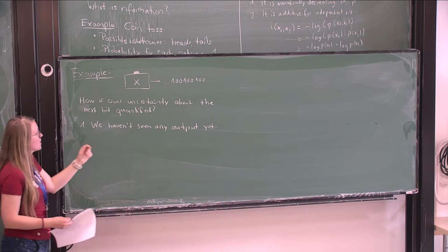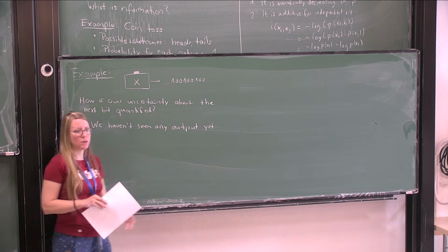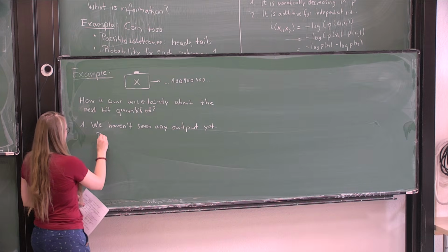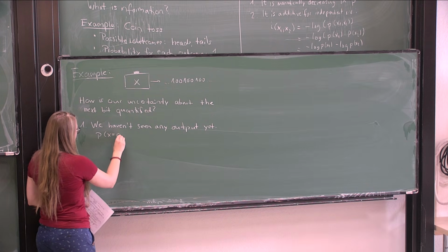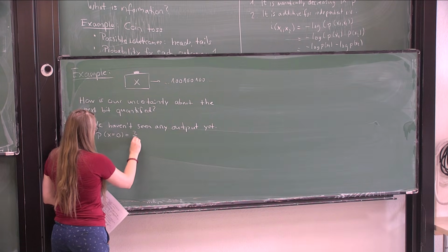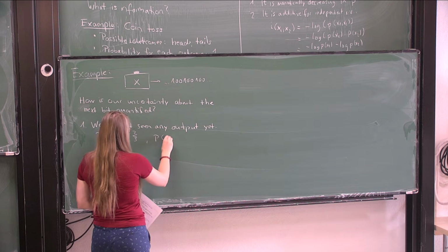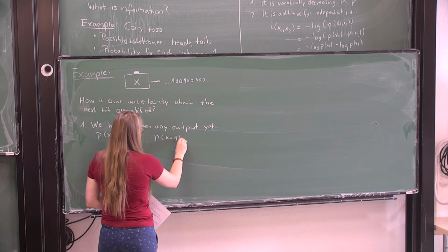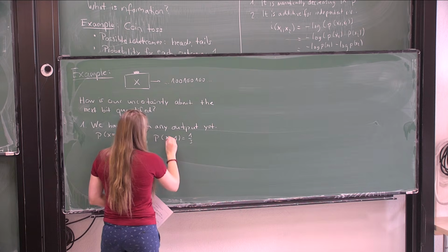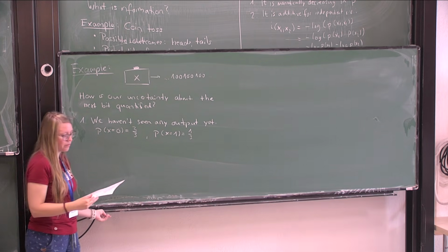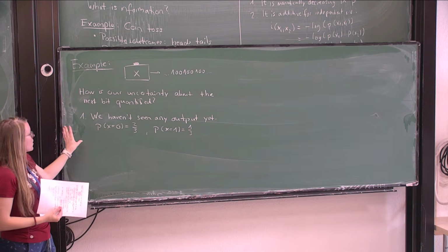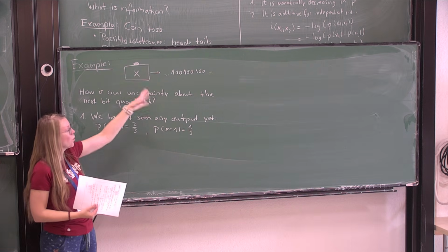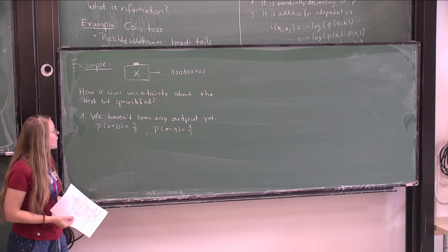So if I press a button, it's more likely that a 0 will appear. The probability of 0 is 2 over 3, and accordingly, the probability that it's 1 is 1 over 3. Okay. So this we get from just knowing the general behavior of the box.